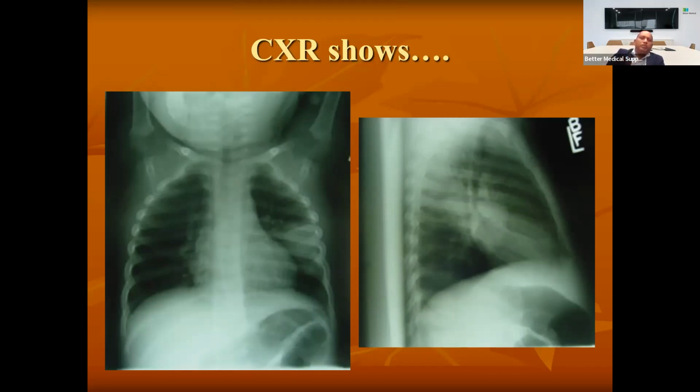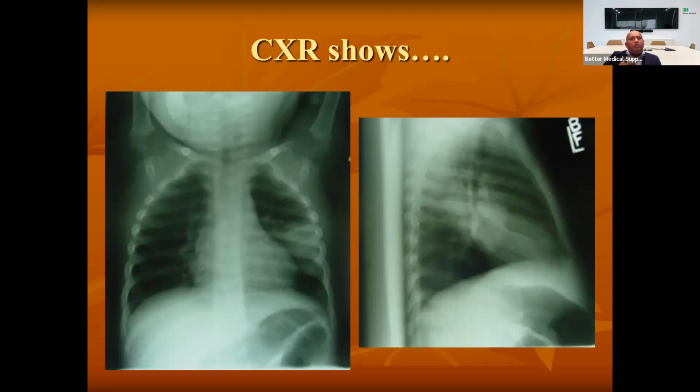Mind you, I put this case not to scare anyone, but to say that this is an unusual presentation. In kids, abdominal pain is a very common presentation in GP practice. We should not just look at the abdomen. We should think laterally about why this is happening. Is it a mesenteric adenitis because of a throat infection?